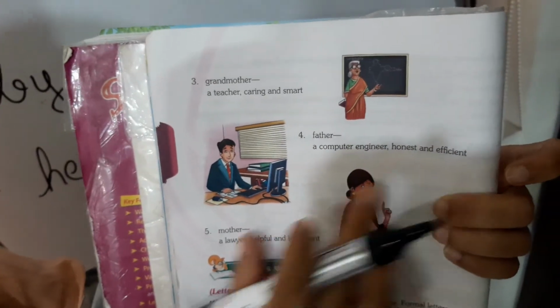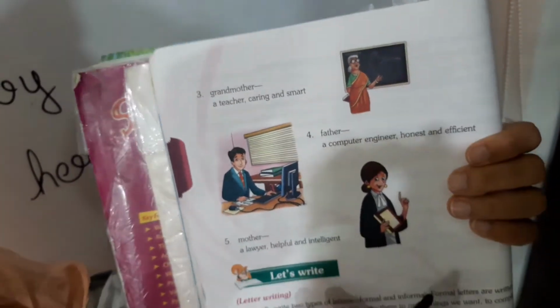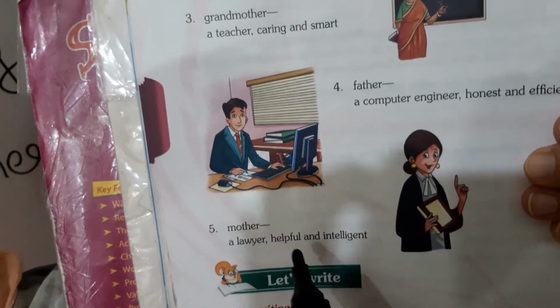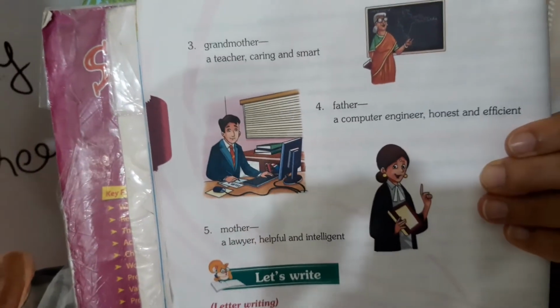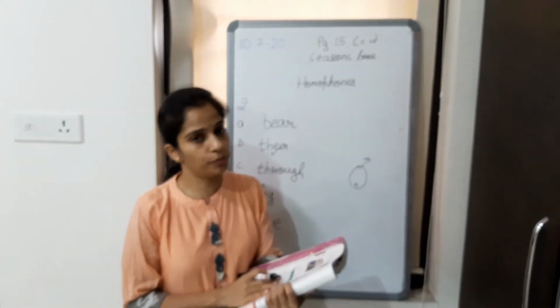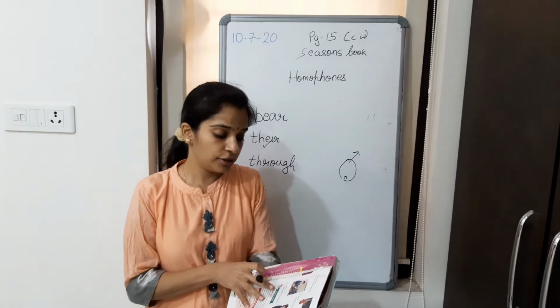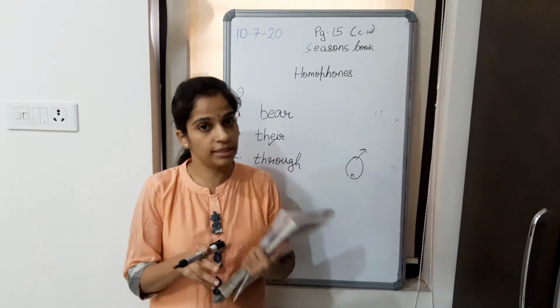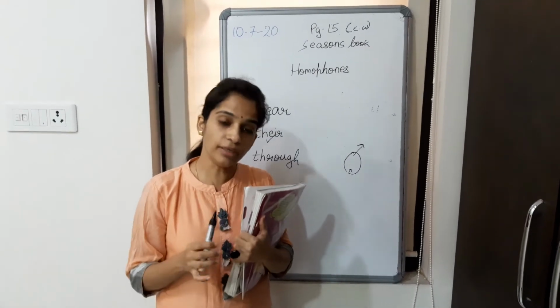He is honest and efficient. And the last, mother. Mother is a lawyer. She is helpful and intelligent. Isn't it easy? This is an assignment. You have to speak in front of your mother, father or siblings, and you have to speak in simple sentences. The noun has been given to you. The adjective has been given. Just frame a sentence.